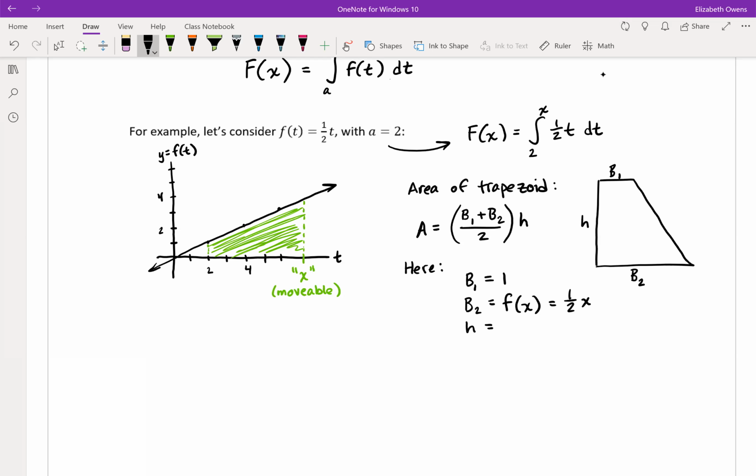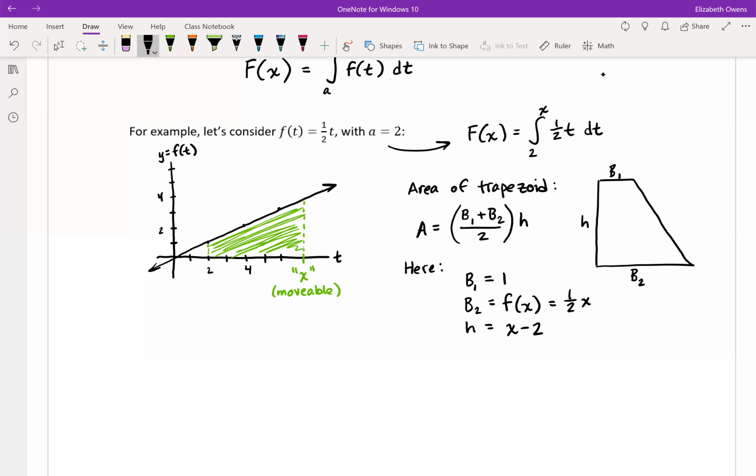And then our height h, that's this side, is going to equate to this portion along the t-axis here. So if we want to find the length of that, we would take x minus 2, the difference between our endpoints there.